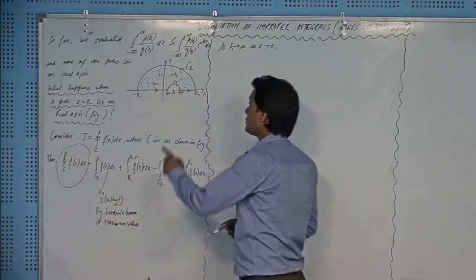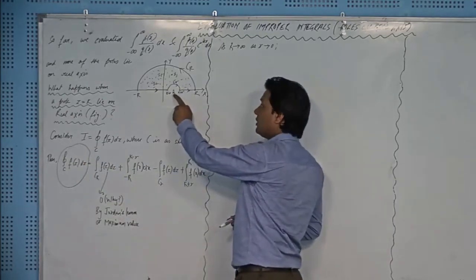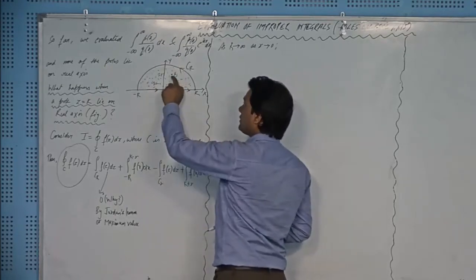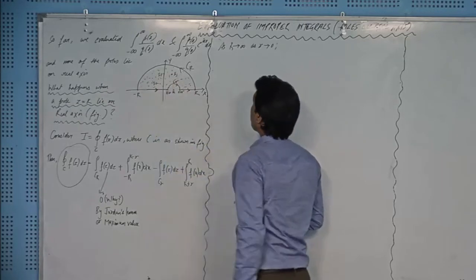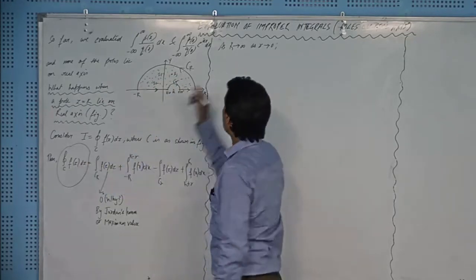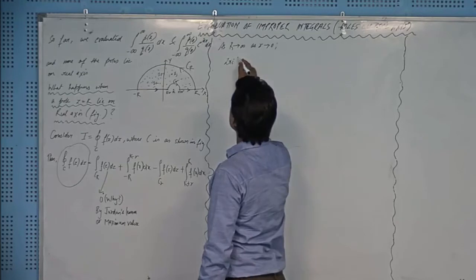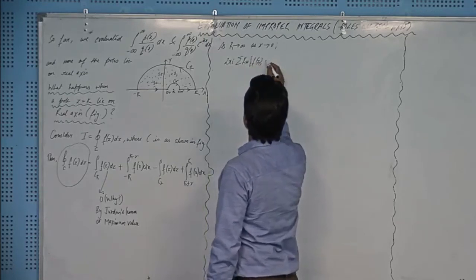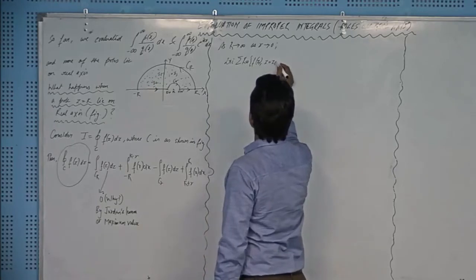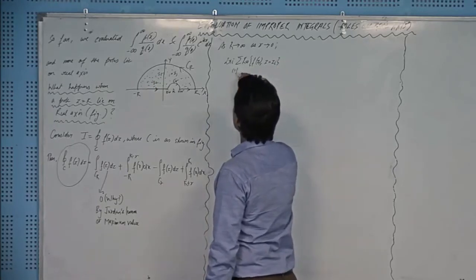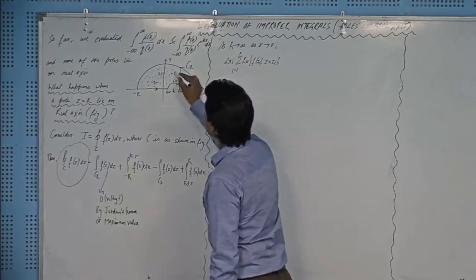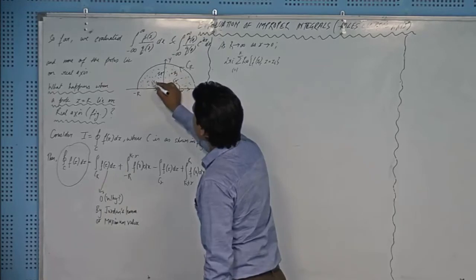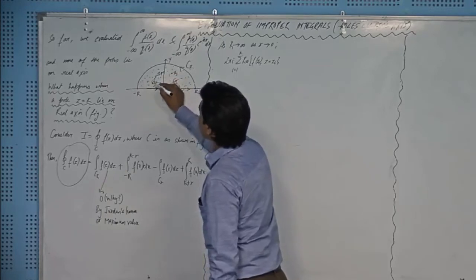Now do not use this pole, as it does not belong to the shaded region. So only take the poles which lie in the shaded region. Then it becomes 2 pi i times the summation of residues of the function f z evaluated at z equal to z i, with i from 1 to k. You can see that this is z1, this pole is z2, and finally it is zk.